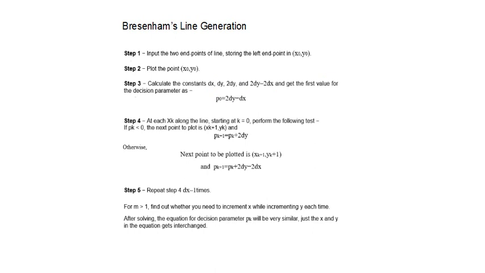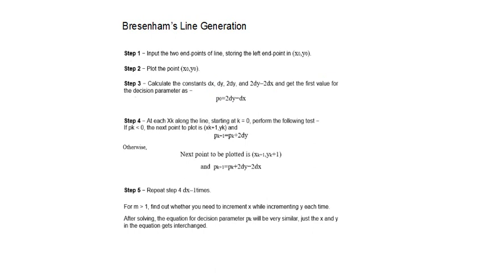This algorithm is based upon the decision parameter. That decision parameter will decide what we have to do next in the algorithm. It will decide which will be the next point to be plotted. That will depend upon the decision parameter. So how we will calculate the decision parameter?